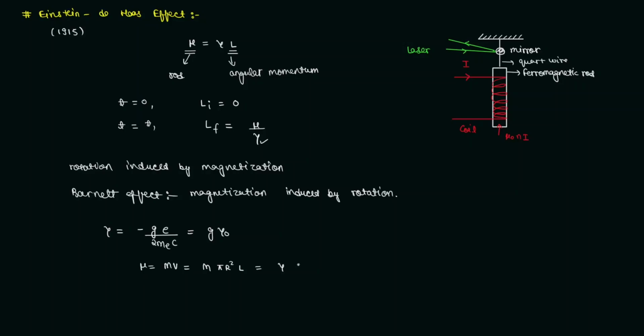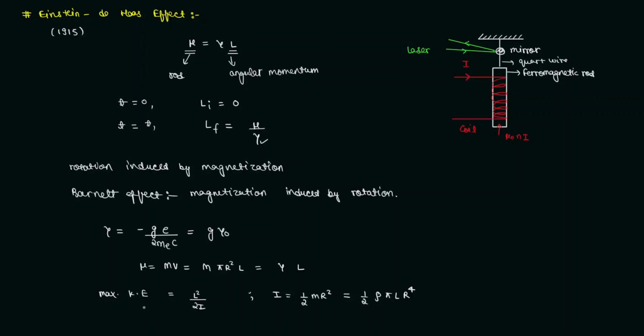gamma times L, and the maximum kinetic energy of rotation is equal to L squared divided by 2I, where this I represents the moment of inertia of the cylinder, and this is equal to half m r squared, and we can write this in terms of the density of this rod, which will be equal to half rho pi L r to the power 4.